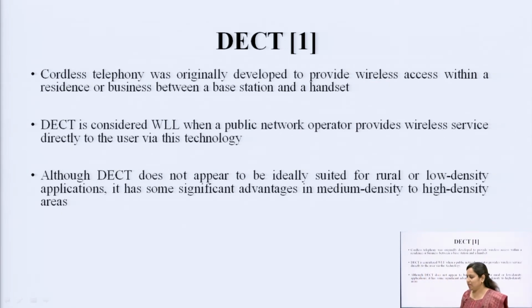Next one is DECT. So, cordless telephony was originally developed to provide wireless access within a residence or business between a base station and a handset. DECT is considered WLL when a public network operator provides wireless service directly to the user via this technology. Although DECT does not appear to be ideally suited for rural or low density applications, it can be used.